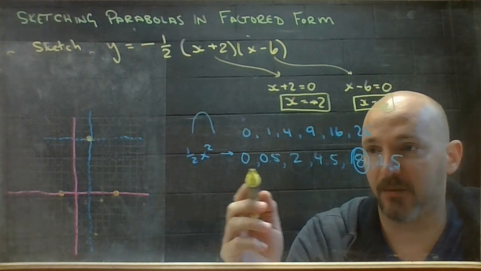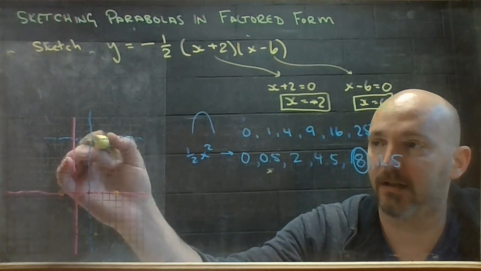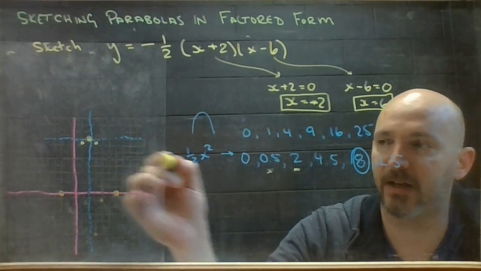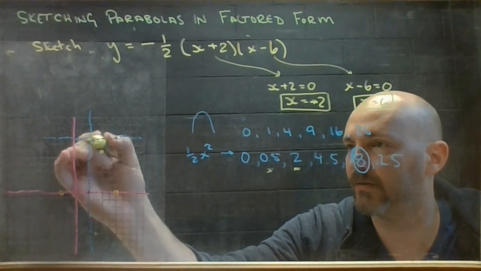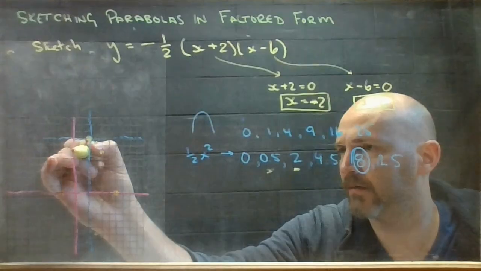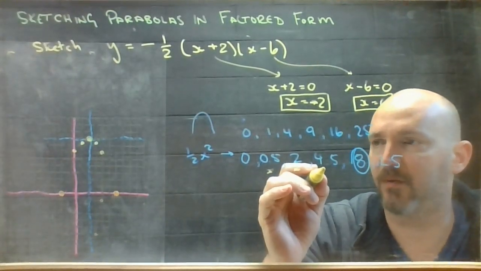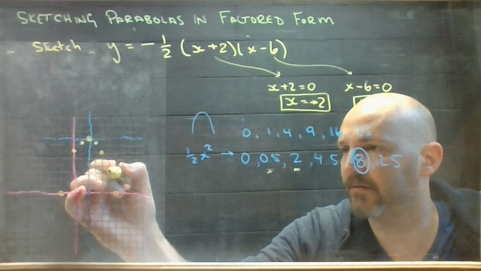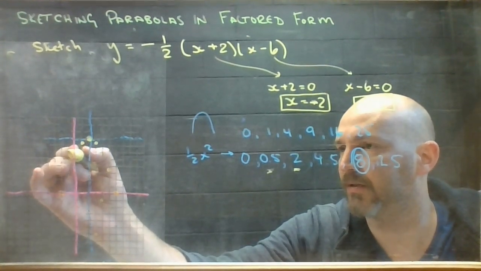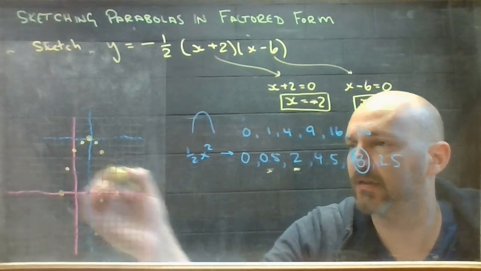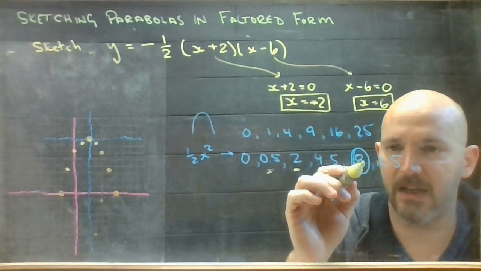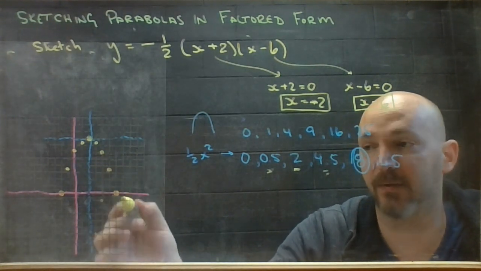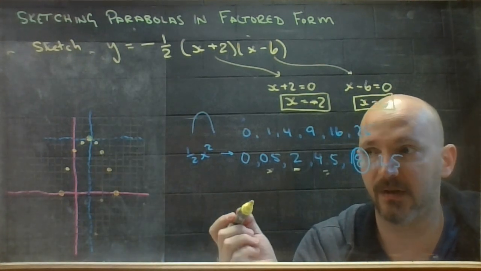And if I follow these number patterns, if I step 1 away, I should be down 1/2. Step 2 away, I should be down 2. Three steps would be 4.5. Next one should be 8. 1, 2, 3, 4, 5, 6, 7, 8, which I knew because I built the thing based on those.